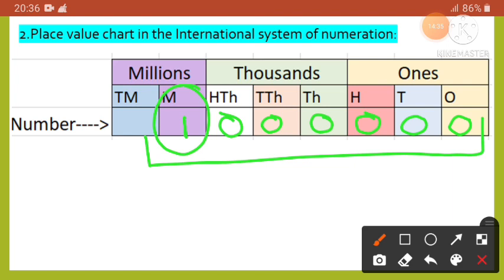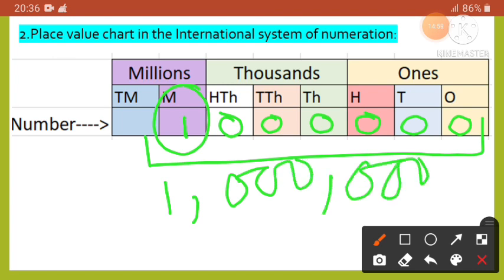Putting commas in appropriate positions, we get 1, then comma, 000, comma, 000. So this means 1 million in the international system of numeration.